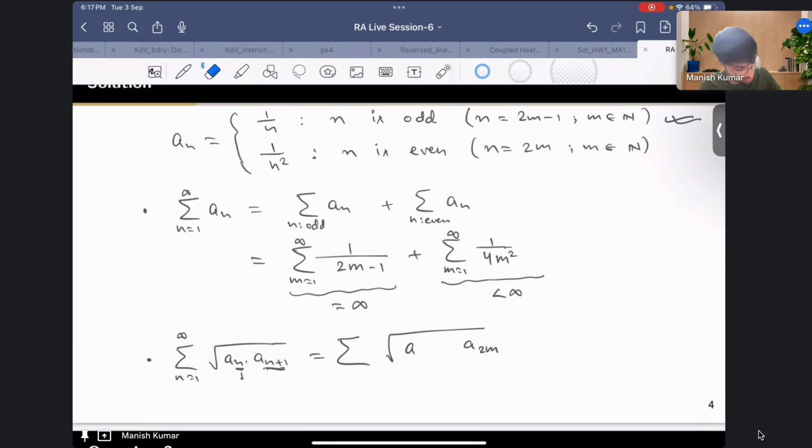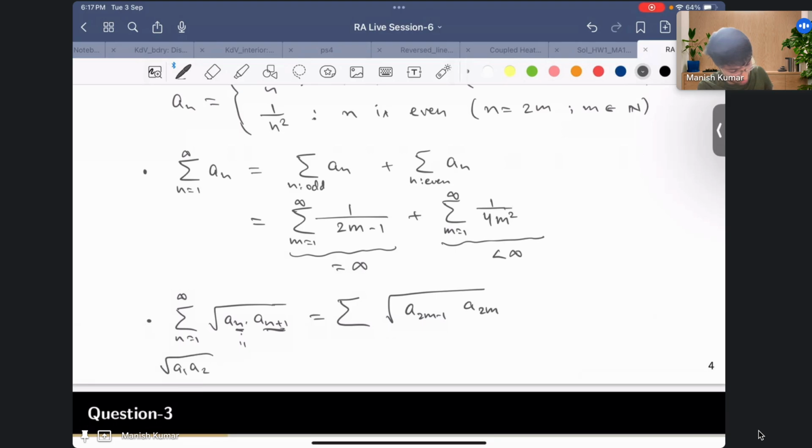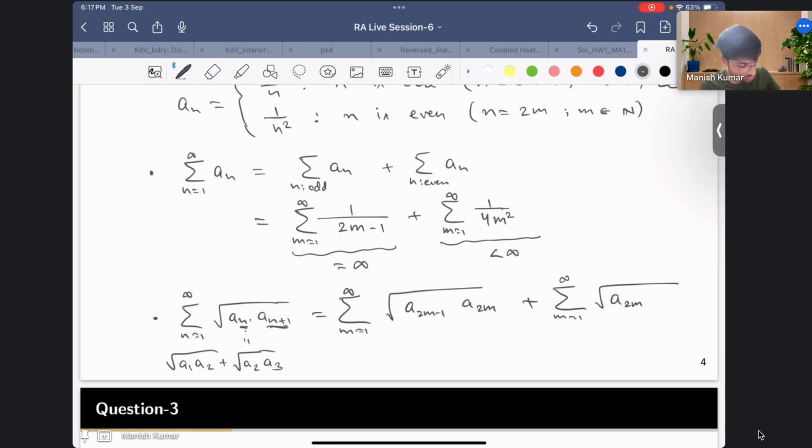This is the combination. So you see over here, what is this? This is root a1 a2 plus a2 a3. So over here you have to include one more thing. So this is from m equals 1 to infinity, and here also m equals 1 to infinity, and now you will write first the odd term, which is a2m minus 1, a2m, and then a2m, a2m plus 1.